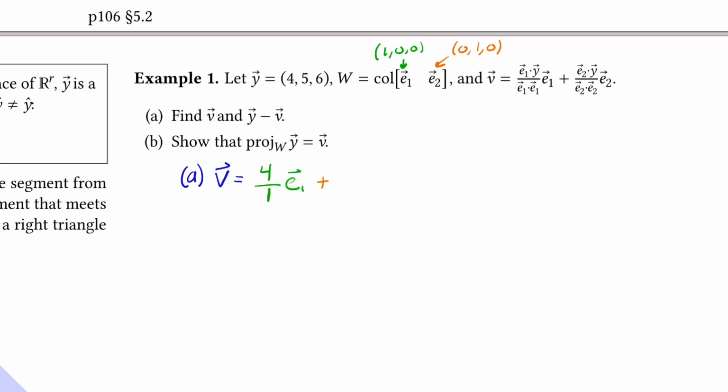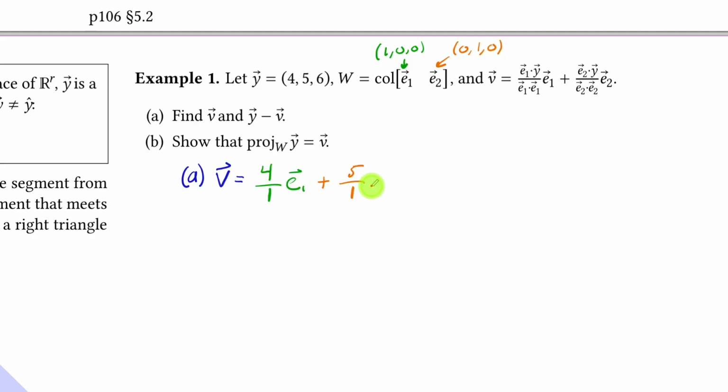And then adding to that the same thing with E2 and y. So E2 dot y, the top of this, is 4 times 0, 5 times 1, and 6 times 0. So that'll just be 5 divided by the denominator. E2 dot E2 is 0 squared plus 1 squared plus 0 squared, which is 1.